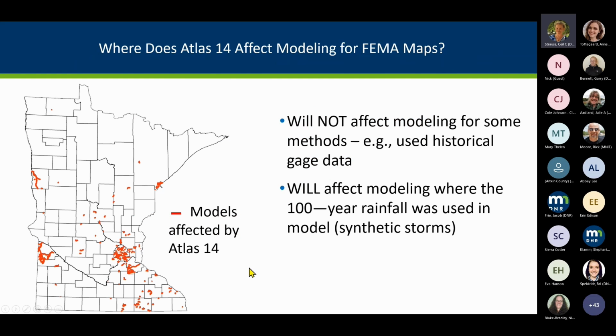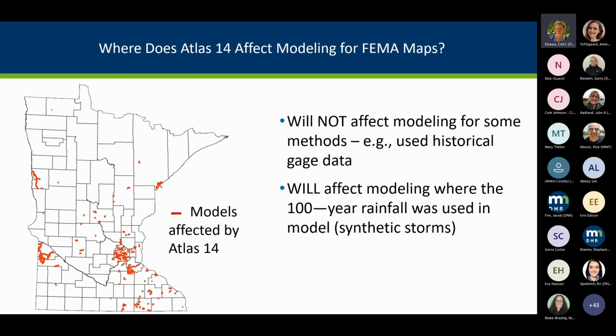And where does this really make a difference in terms of the modeling that we use? These are going to be some things that Ann's going to be talking about in a few minutes, but some of the methods that we use to come up with how much water is in the system are river gauges. The river gauges don't affect it so much because the rivers reflect what's been happening over time.